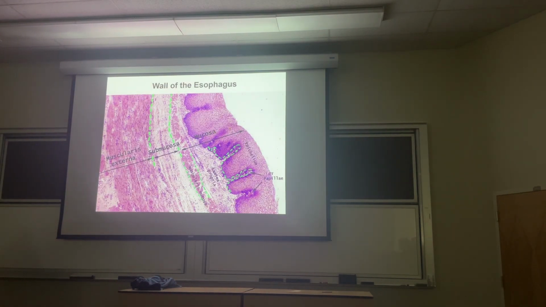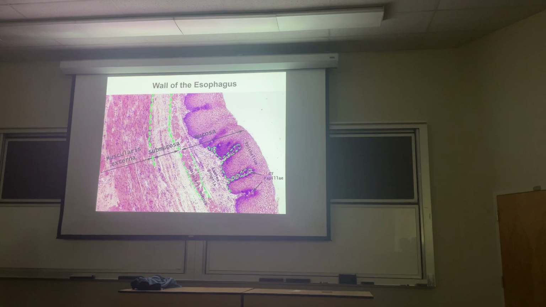Here again is the epithelium, the lamina propria. We generally would classify this as loose connective tissue here. Here's our muscularis mucosae. It's longitudinal, but in cross section it's coming out at us. And here's our submucosa. Usually that's classified as dense irregular connective tissue.